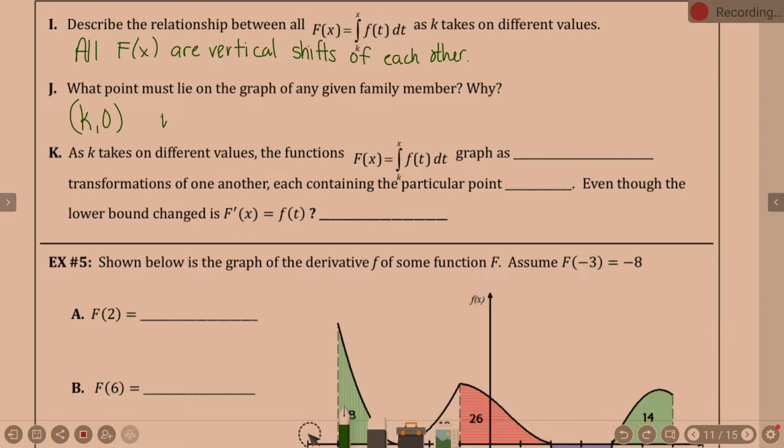When the lower bound equals k, then you have the integral from k to k of f of t dt, and that will always equal 0. When upper and lower are the same, that's always going to equal 0. Actually, I should say the area is that integral.